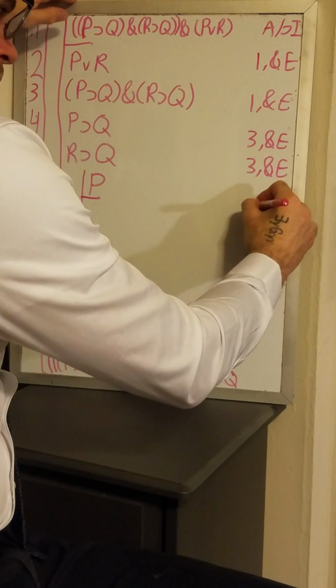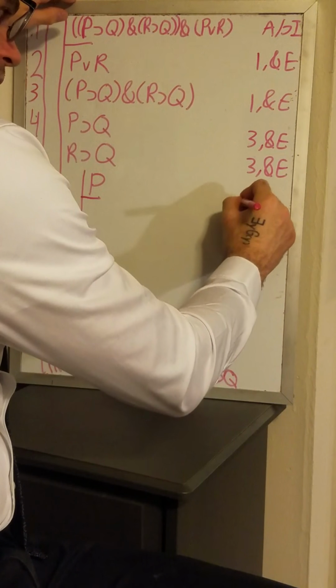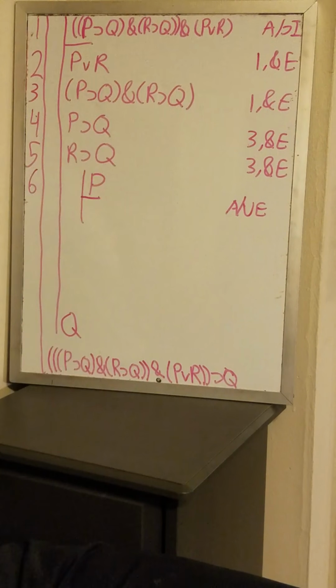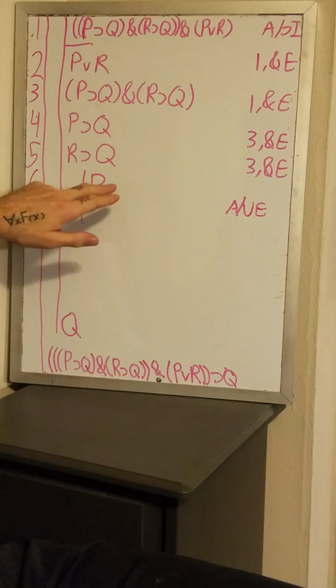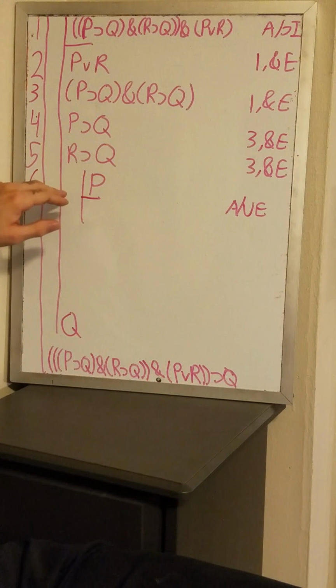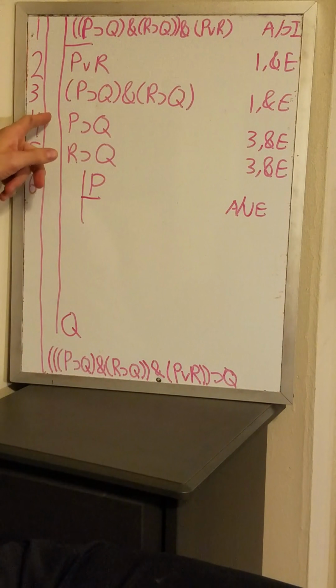We're going to do this for purposes of trying to do a disjunction elimination. Well, on the assumption of P, we get Q right away by conditional elimination, lines 4 and 6.